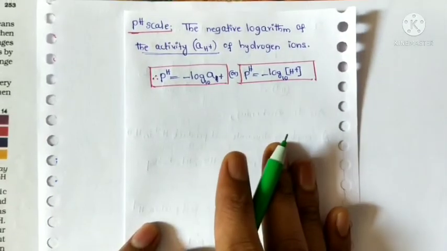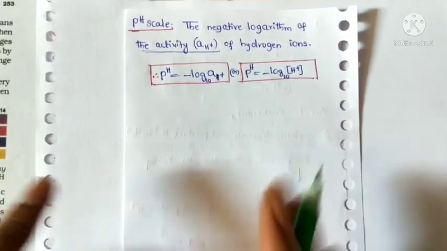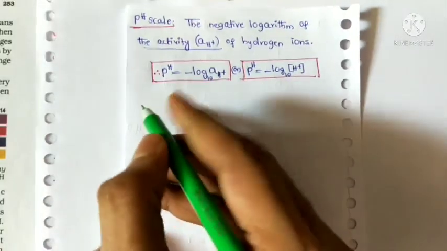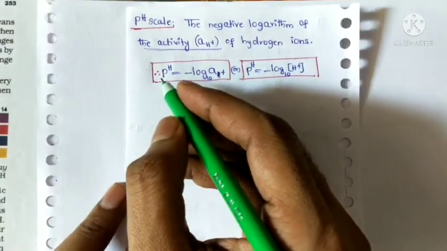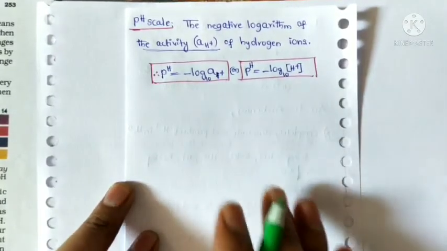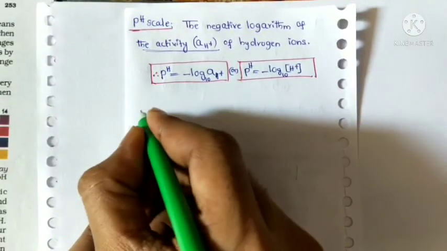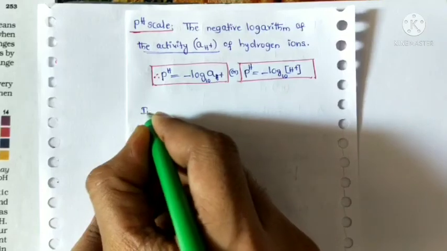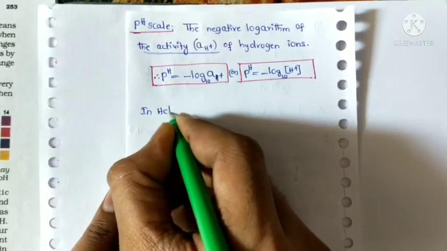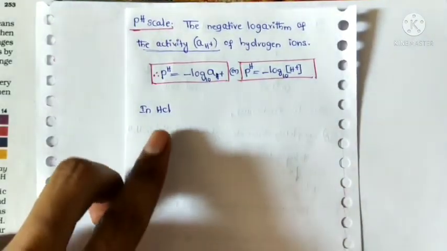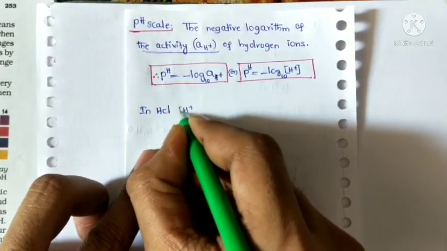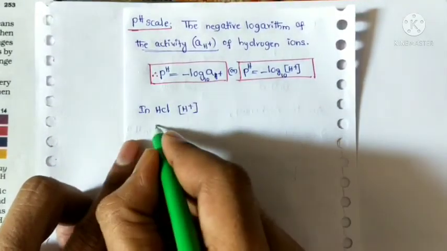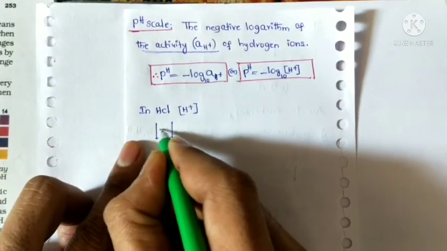Next, for example, some solutions are given with their concentrations, and we have to find out the pH value. For example, here an HCl solution is given.